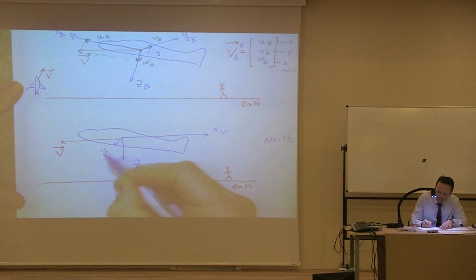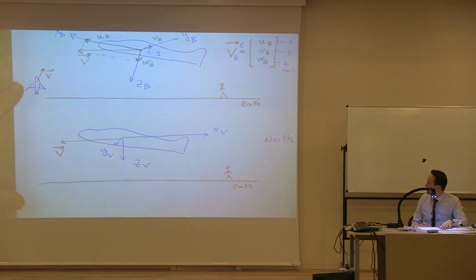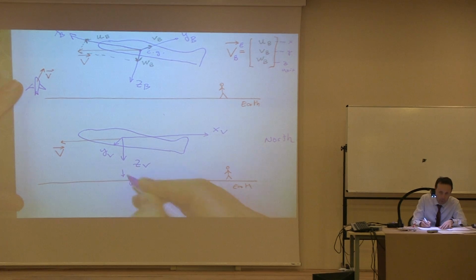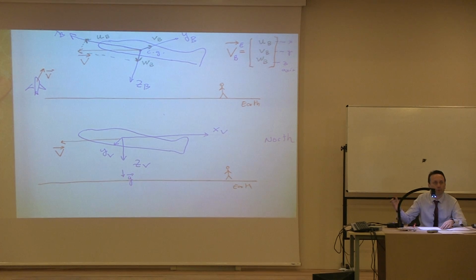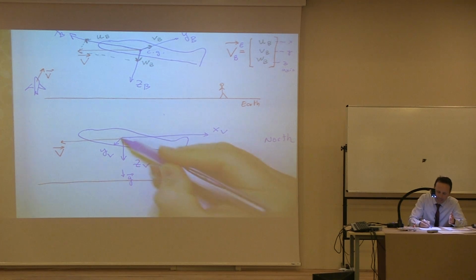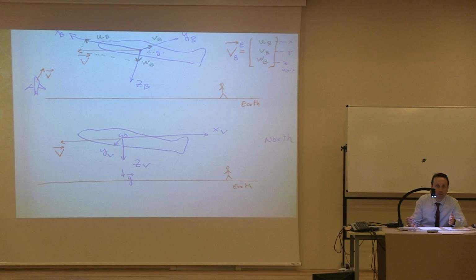So this is YV, out of plane. What is this? This is the vehicle carried coordinate system, isn't it? X is pointing north, Z is pointing towards the local gravity vector. Look at your notes if you are getting confused. Vehicle carried coordinate system. It is another coordinate system attached at the CG of the airplane. XV is pointing towards north, ZV towards the local gravity vector, YV towards the side.